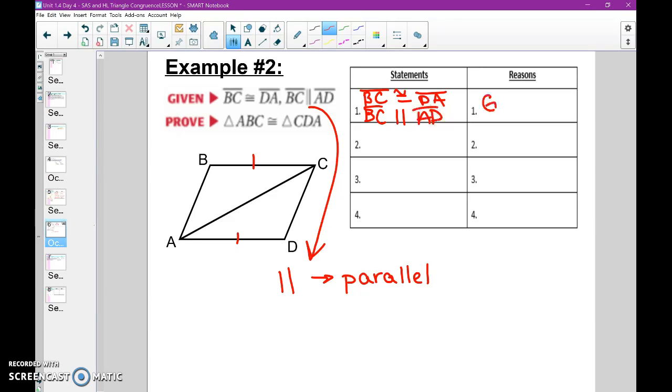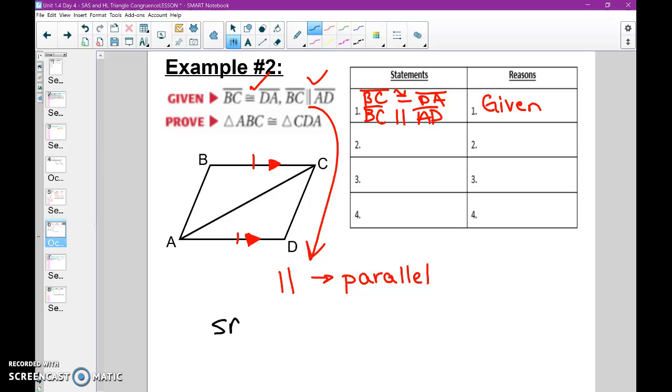Can't really mark that in the picture with congruent symbols, but remember, parallel lines, we put those little arrows on them. So I'm going to put a little arrow on BC and a little, poorly drawn arrow, but an arrow on AD. Okay, so both of my givens are now taken care of. They're in the picture. Awesome.